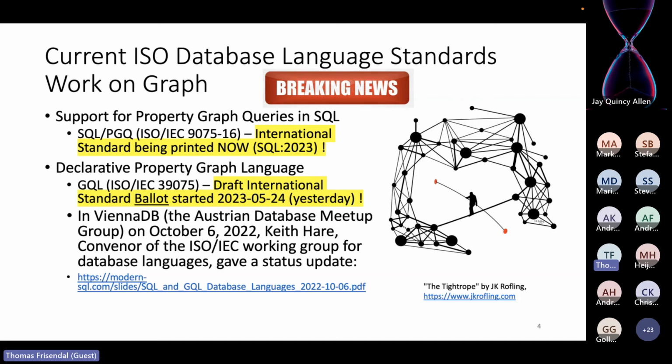The ballot, which is collecting comments from all member countries of ISO, started yesterday. That means that you can go to your local ISO member organization and ask to get a copy of the GQL standard ballot proposal, and then you can submit comments to the committee if you wish.